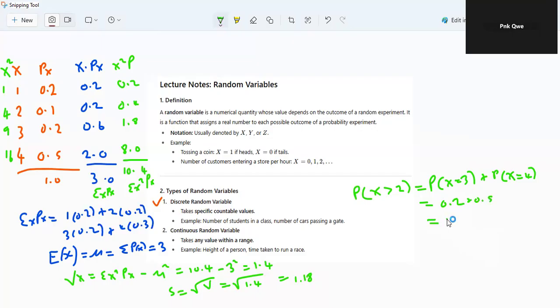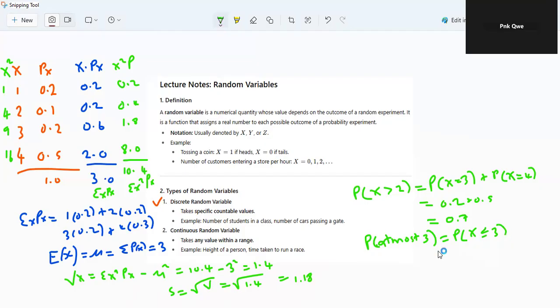Suppose you're being asked to find the probability that x is at most 3. At most 3 means what? 3 and below. At least 3 means what? 3 and above. So at most 3 means less than or equal to 3.